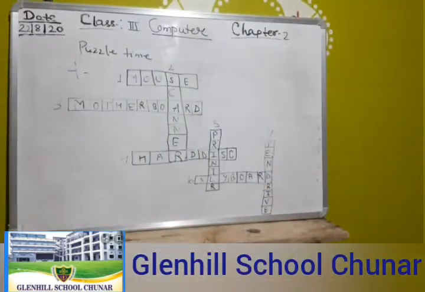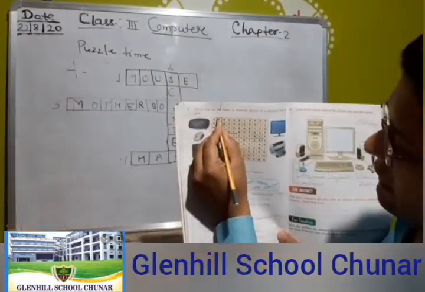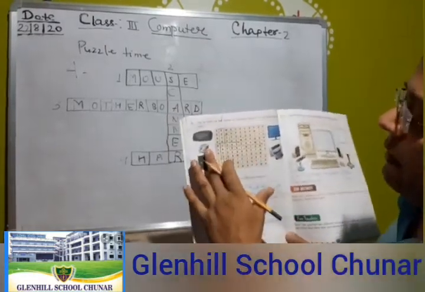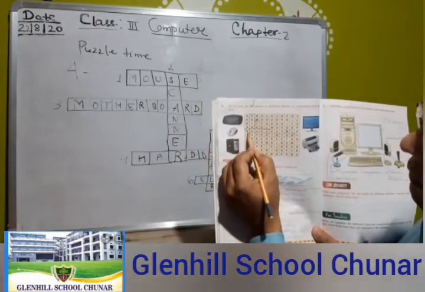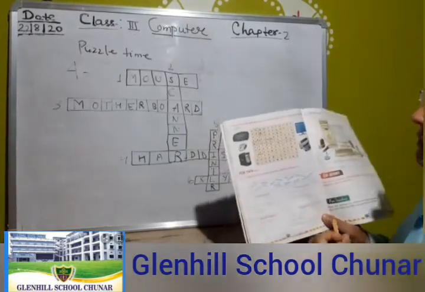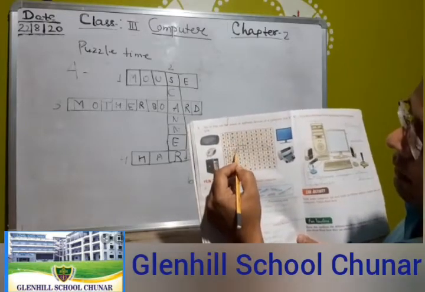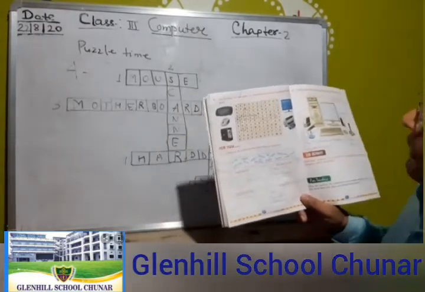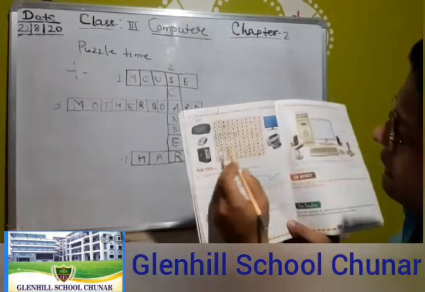Yes, so fill the circle with a pencil. Okay, student? Yes. Fill this circle just like this. Okay? Yes. And second, mouse. So look here, mouse. Okay? And CPU. So here CPU. Okay, student? And the fourth figure is monitor. So monitor is here.